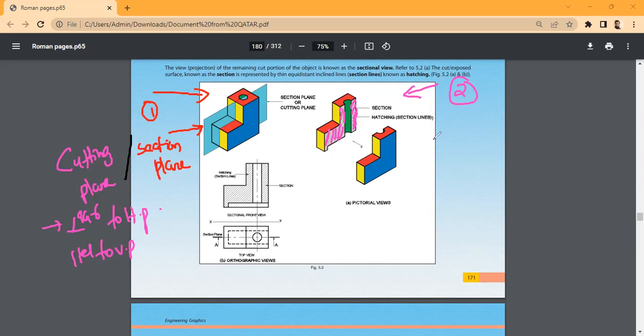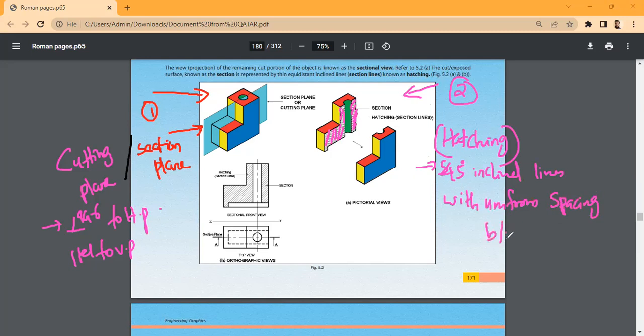This is very important: hatching. For hatching we use 45-degree inclined lines with uniform spacing between them.